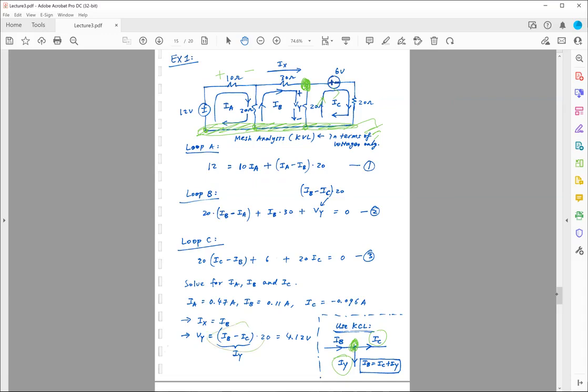So to figure out IY, I can use simple KCL, where IB going into the node has to be equal to the current leaving the node. IB is entering the node, and the sum of IC and IY is leaving the node.